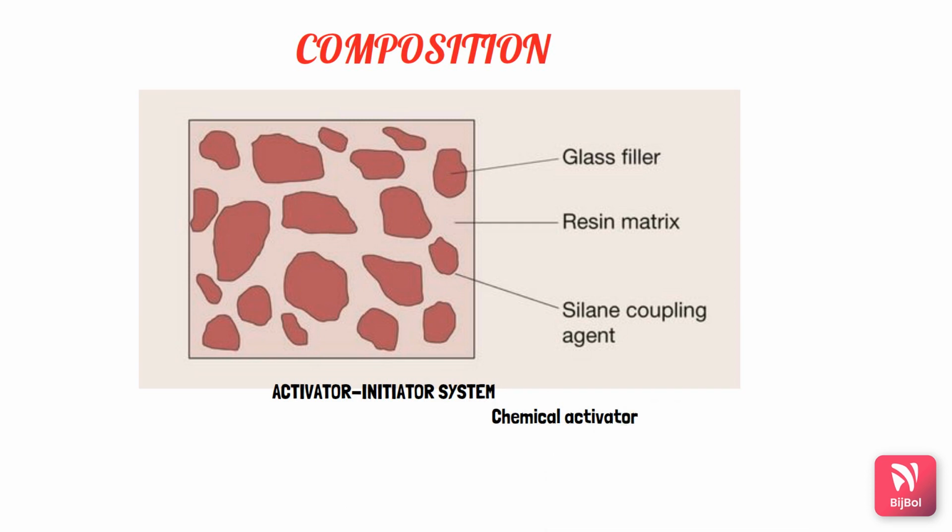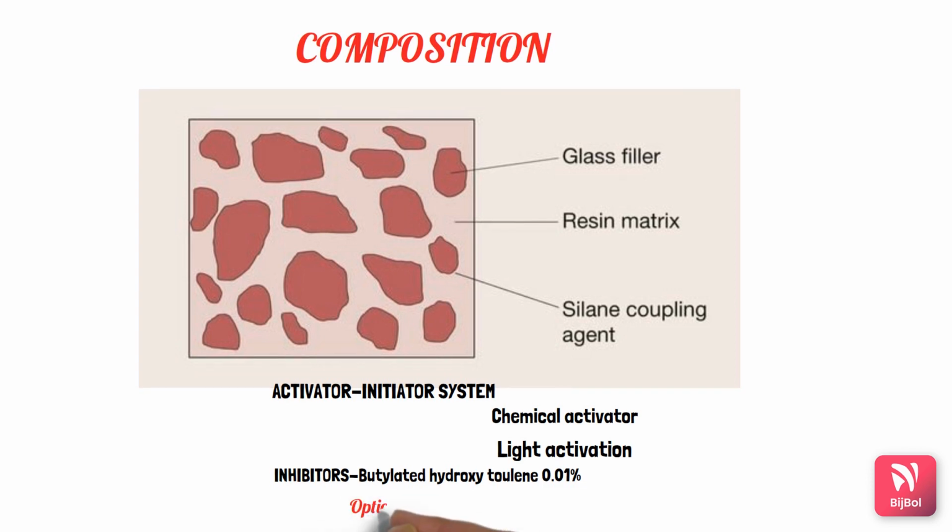And the inhibitor, such as butylated hydroxytoluene 0.01%, is added to prevent the spontaneous polymerization of the monomers by inhibiting the free radicals, whereas the optical modifiers or the coloring agents include metal oxides in minute amounts so that they produce the different shades of composite. And to provide opacity to the composite, we can even add aluminum oxide and titanium oxide.